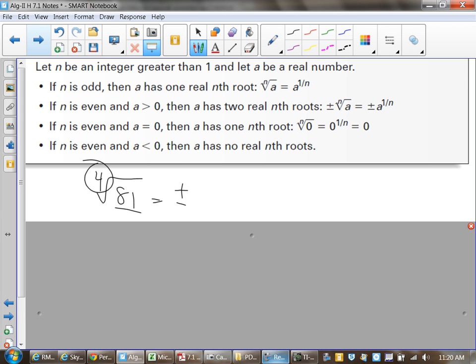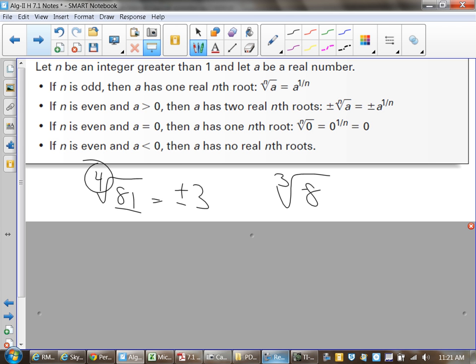If it's an odd value, like the cube root, well, this was 3. Let's say it's the cube root of 8. That's something we all know, right? It's 2. Now, what's the cube root of negative 8? It's negative 2. I can take a cube root of a negative value because it's asking me what are 3 numbers that I multiply together that are the same to get negative 8. Well, negative 2 times negative 2 is positive 4.